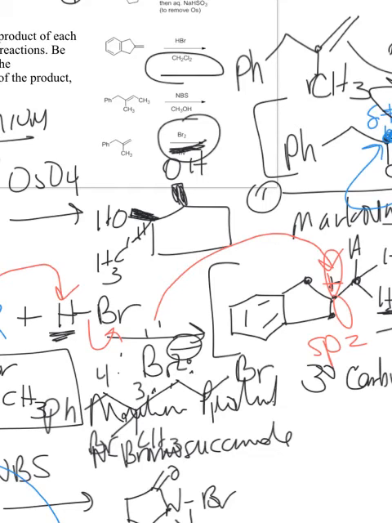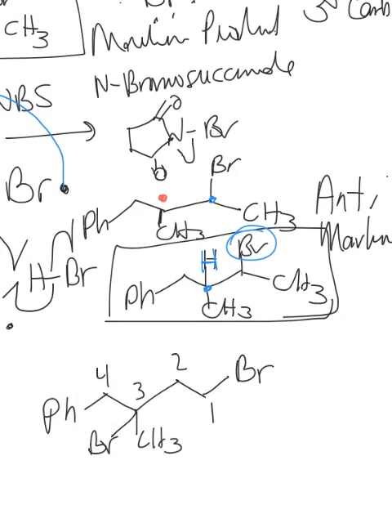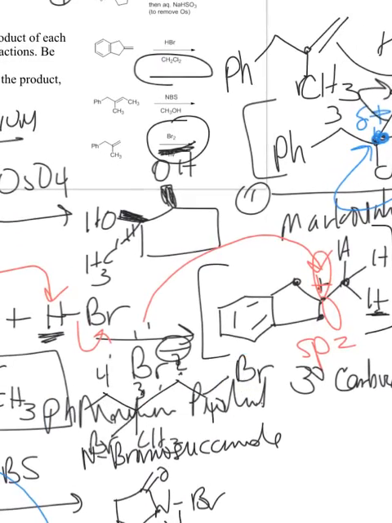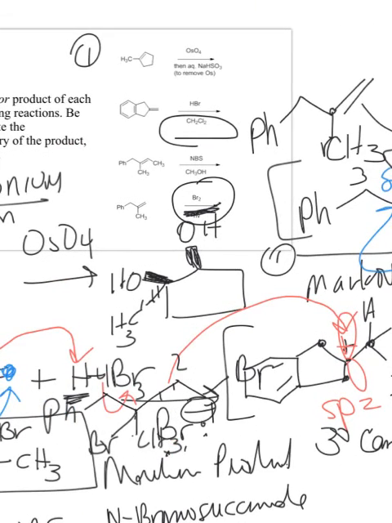I have run out of space. I don't really like this here. Okay, I'm having trouble erasing. Okay, well, anyway, the bromine comes in from the back side and opens this. So then you have an anti-dibromide compound.